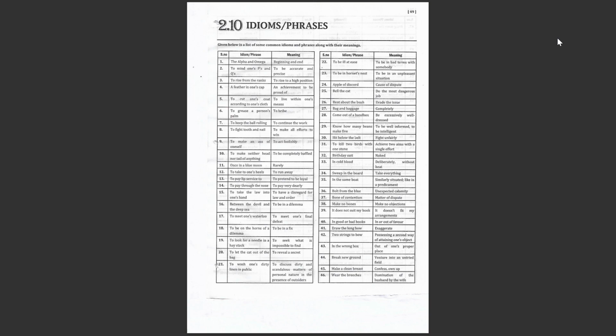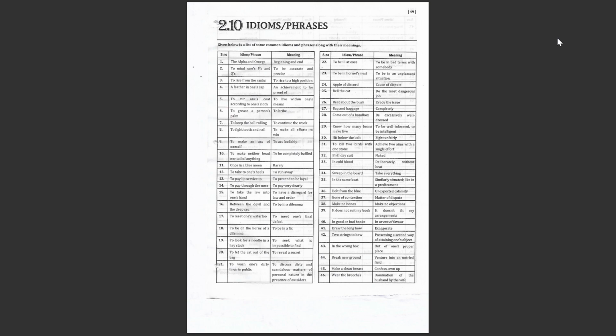The next idiom is to mind one's p's and q's. To mind one's p's and q's is an expression which means to be accurate and to be precise, but also to be polite. It means to mind your own language and manners.